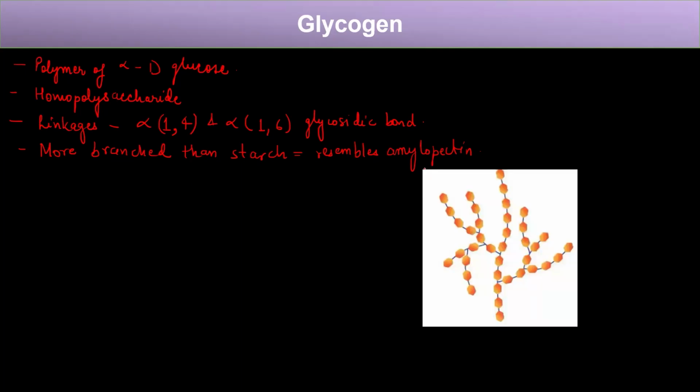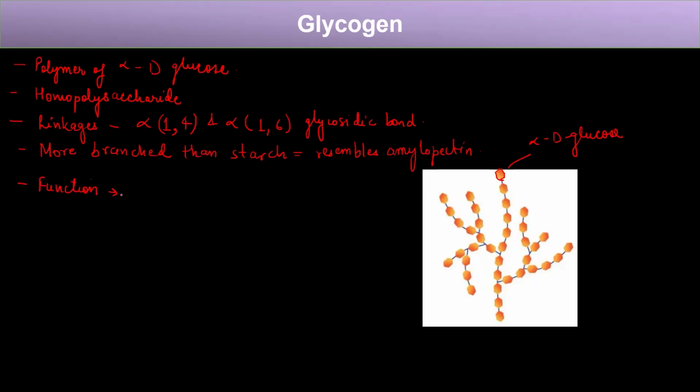If you look at the structure of glycogen, this is how glycogen looks. Here, each unit is what? This is alpha D glucose, and they are linked together by alpha 1,4 glycosidic linkage, and where there is branching, the linkage is alpha 1,6 glycosidic linkage. Now, what's the function of glycogen?